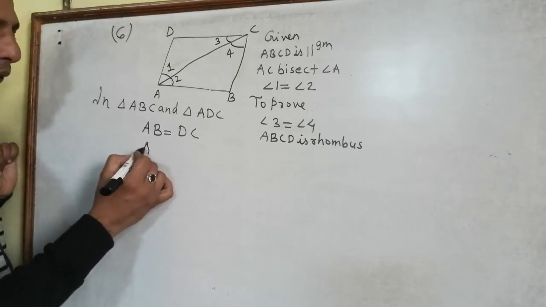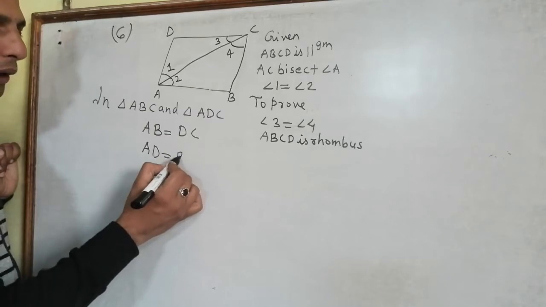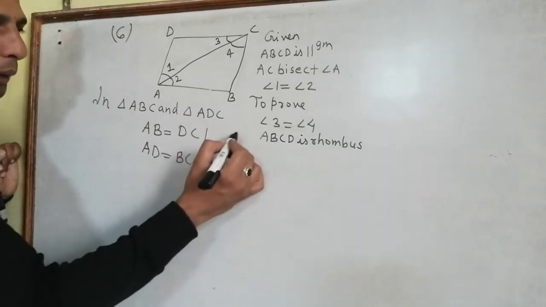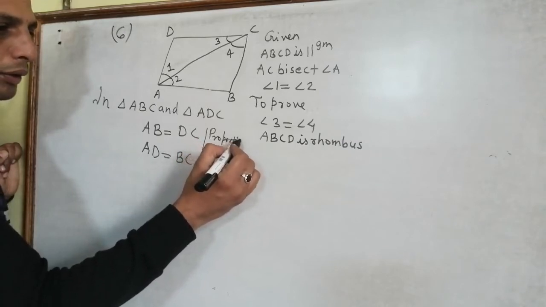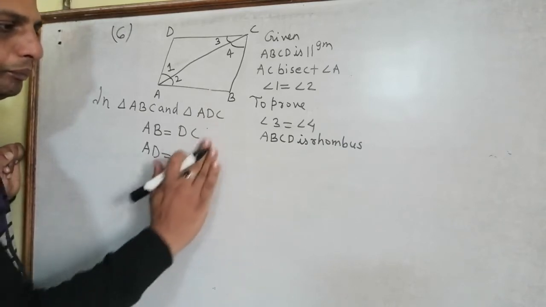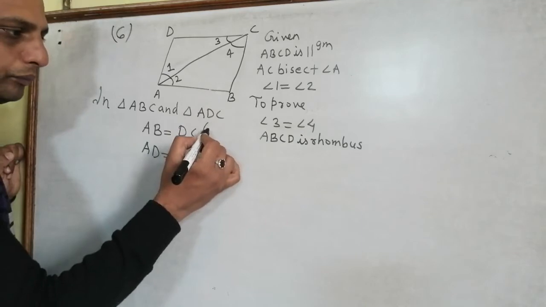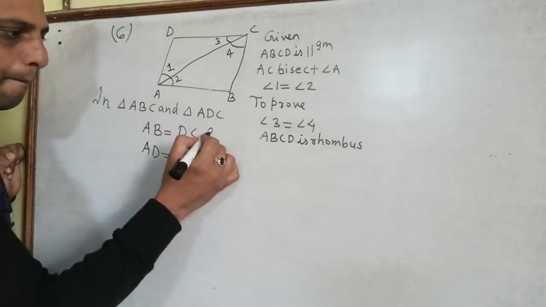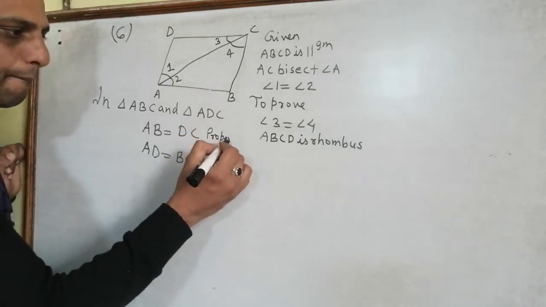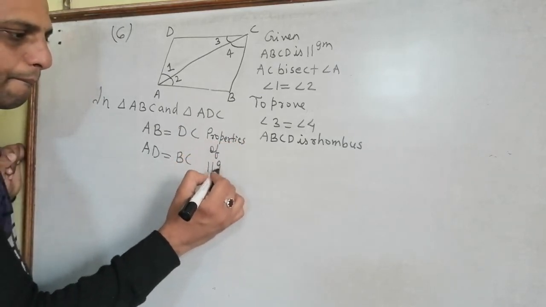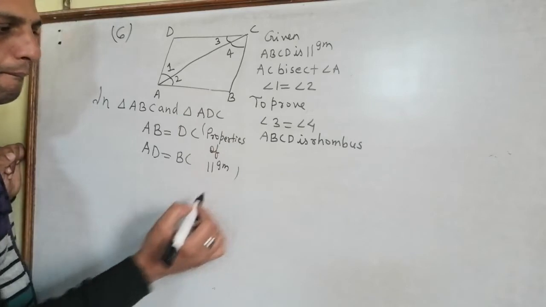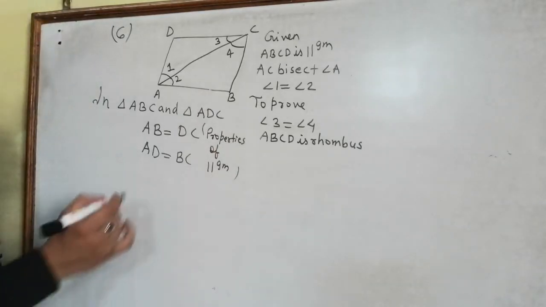Then AD is equal to BC. This is also given, opposite sides property of the parallelogram. In the bracket write properties of parallelogram.